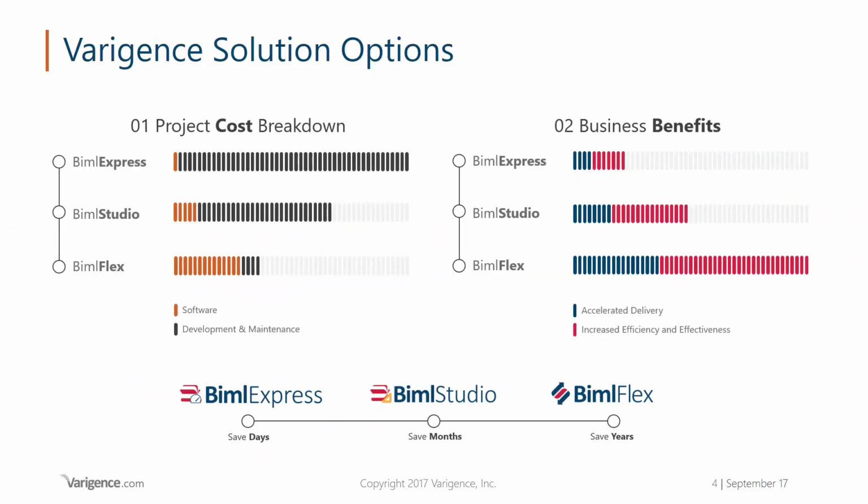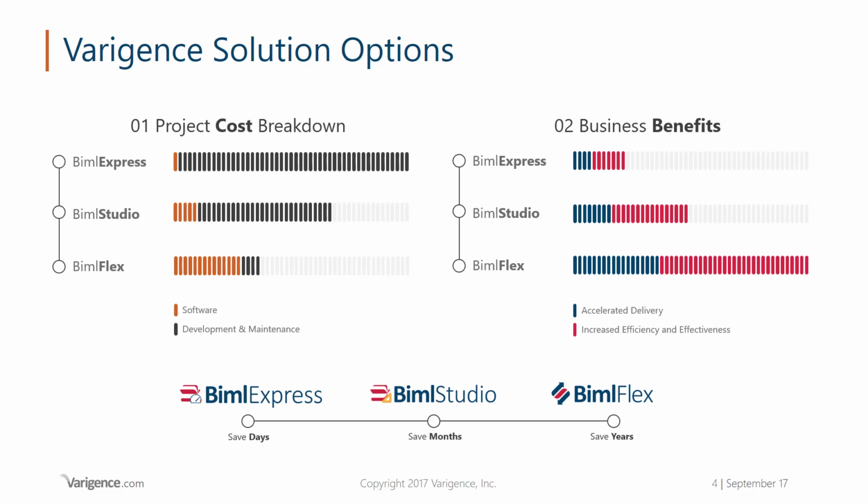Before I start, I just want to briefly touch on the different Varigence solution options we have. We're going to be focusing on BimlFlex, which is a data warehouse automation framework and full solution built by Varigence using Biml Studio and Biml and all of the most advanced features of the Biml suite. What I'm going to show you today is you can absolutely achieve the result using Biml Express, which is our free tool.